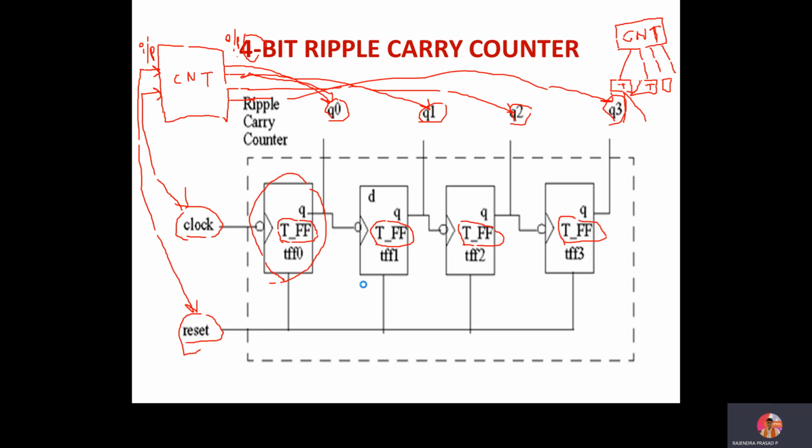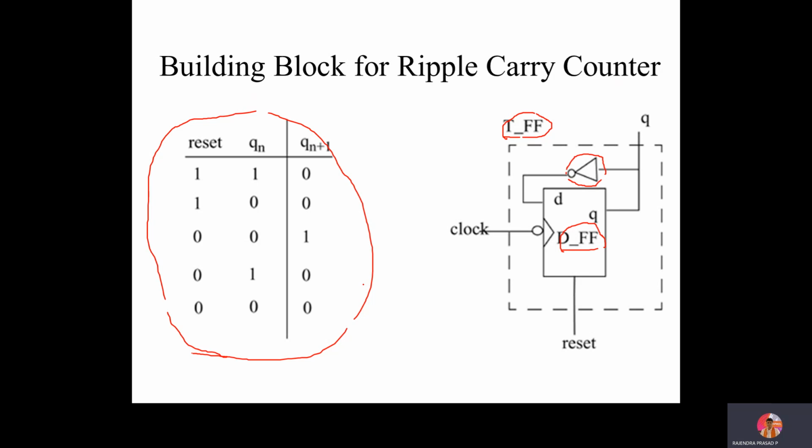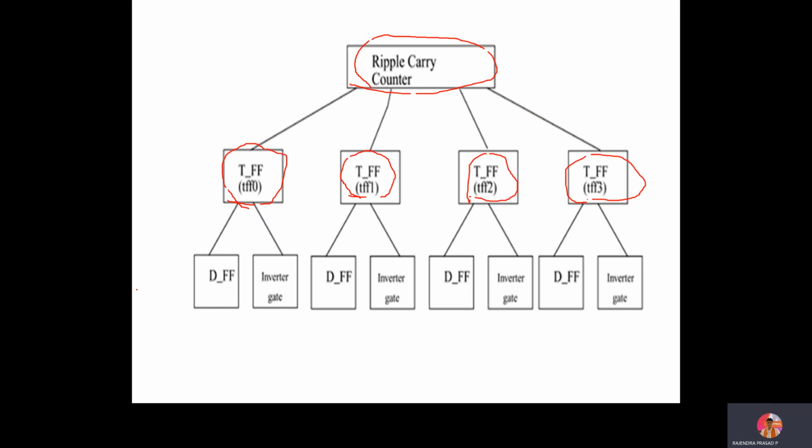Now how are we going to implement the T flip flop? We are going to implement the T flip flop with the help of a D flip flop and an inverter, and this is applicable for each of the T flip flops. So you have four D flip flops and four inverters.